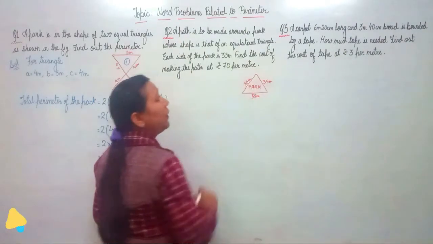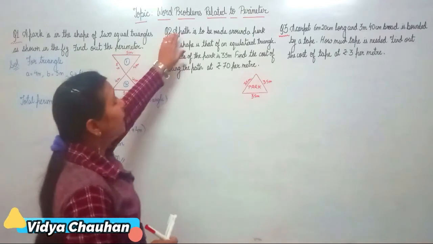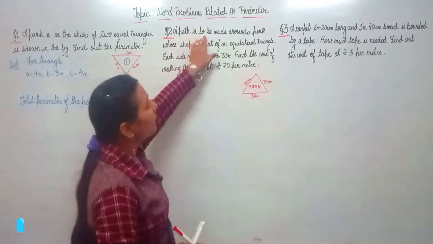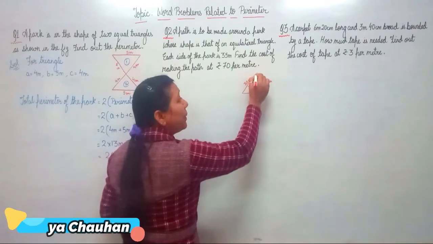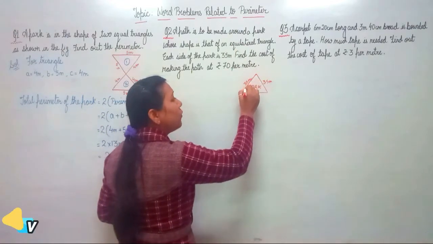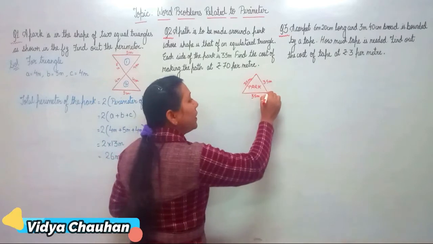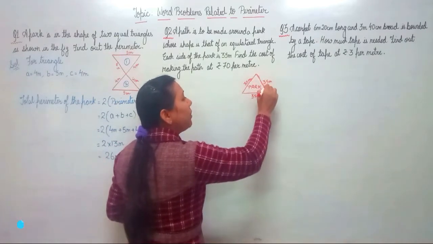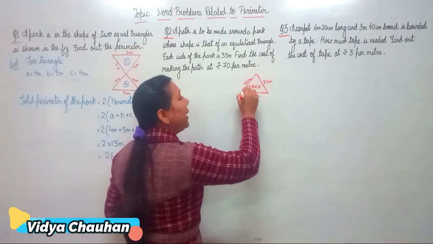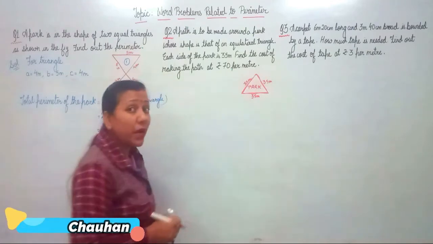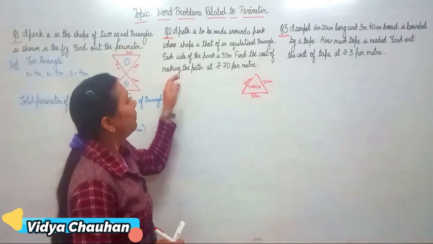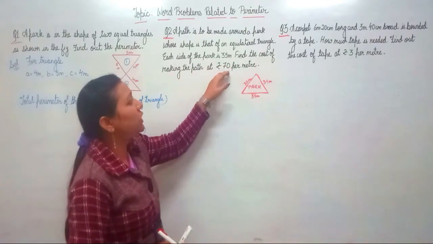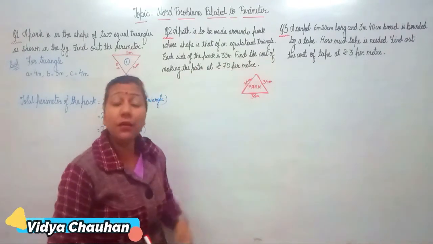Clear? So this is our path. Now what is said? We have to make a path all around the park, so we have to prepare a path on this outer boundary to walk. Find the cost of making the path at the rate of rupees 70 per meter.